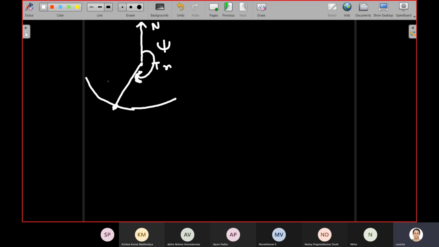This is the bearing measurement and then we have range. I'm dropping the subscript, okay? Psi and R, and the transmitter coordinates, latitude and longitude, are given.